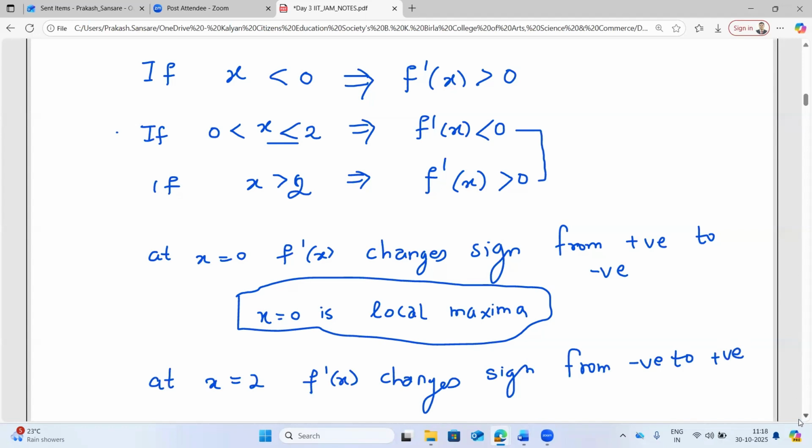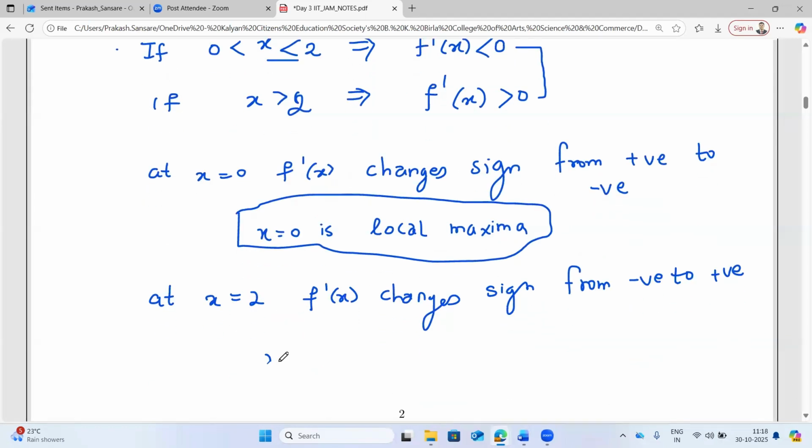Then in that case we call x is equal to 2 a local minima. Very good.